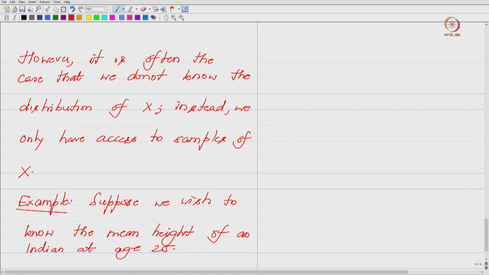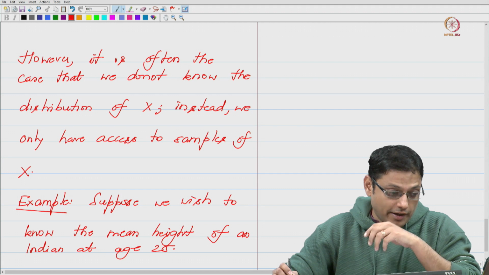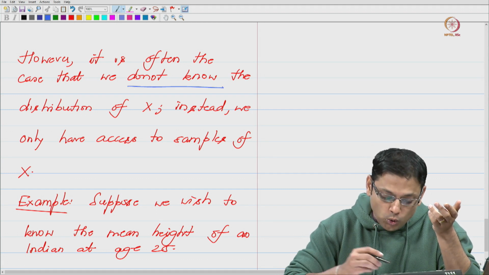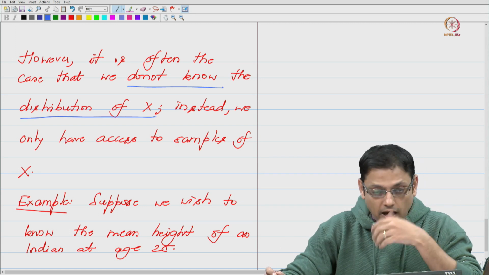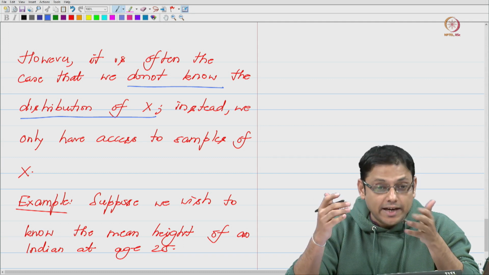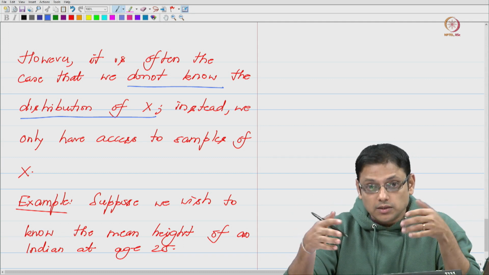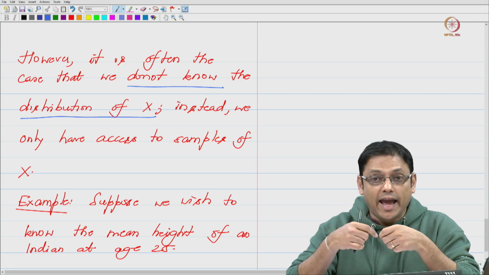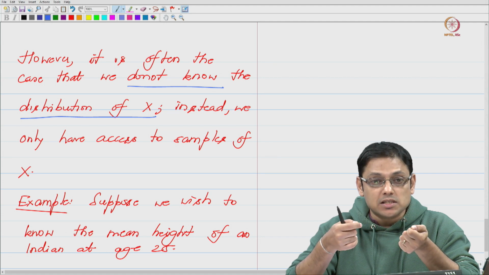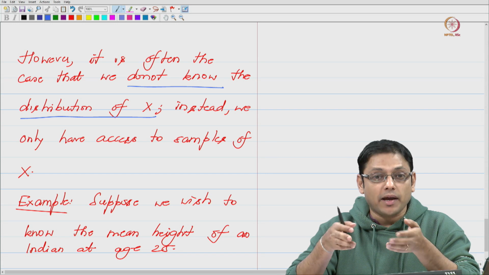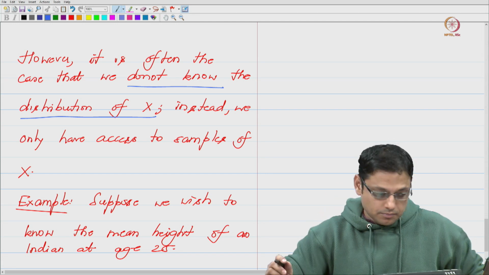Also, we may not know the distribution of the heights of Indian people at age 25. So, one can clearly see that in this case we do not know the distribution of x. However, we can measure the height of random 25-year-old individuals that we encounter. So, here is a scenario where we do not have access to the distribution, rather we can get hold of samples of this quantity of interest and use those samples to determine the mean of the random variable.